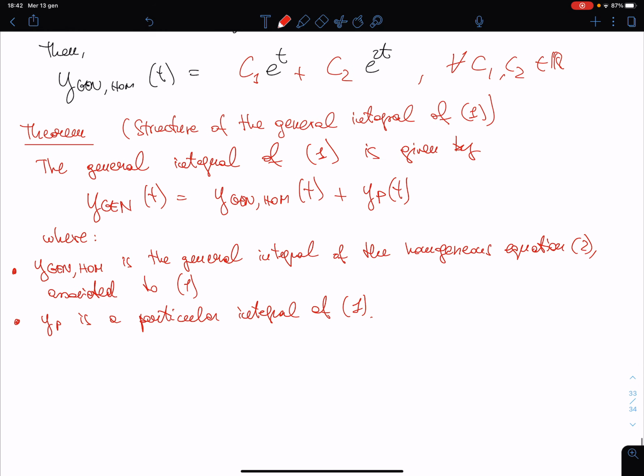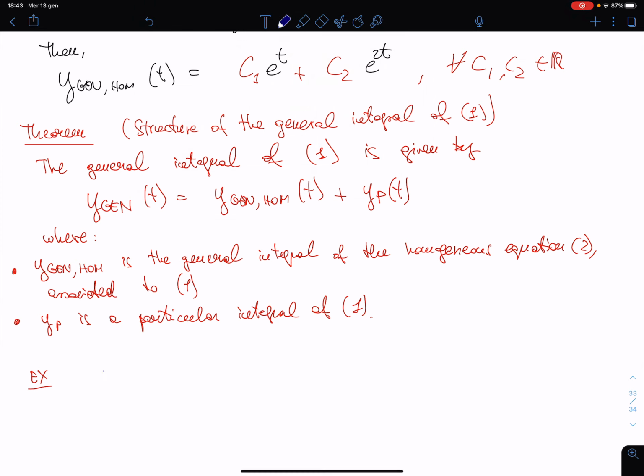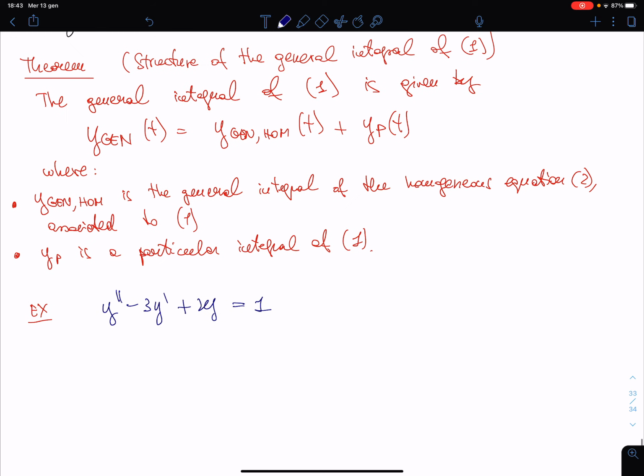Example. Take the same homogeneous part as before: y second minus 3y prime plus 2y, but now it's equal to 1. The associated homogeneous equation has already been discussed.